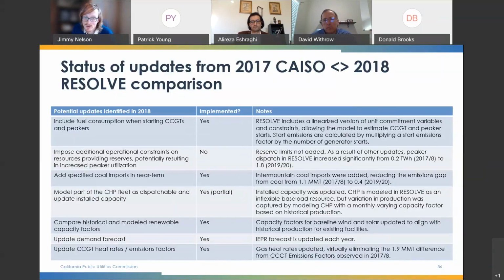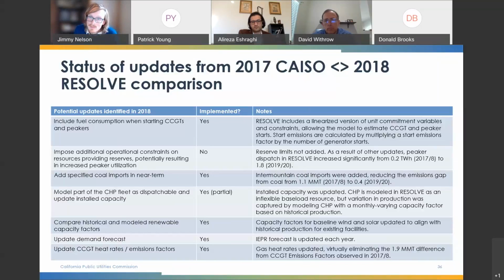We compared the historical and modeled renewable capacity factors and updated those capacity factors for existing plants and found that really there's not much difference from that specific category in the 2020 results. We update the demand forecast every year to the new IPR, and we did update the combined cycle heat rate and emission factors using the CAISO master file, and that basically eliminated almost 2 million metric tons of emissions difference we saw in the previous round.